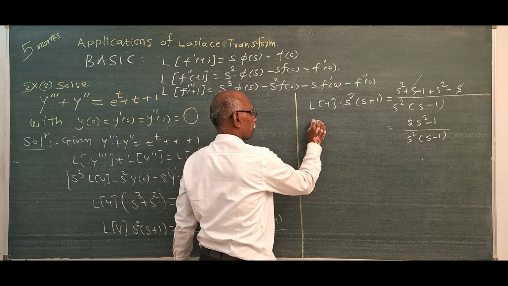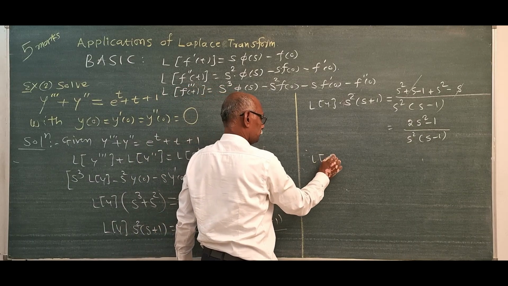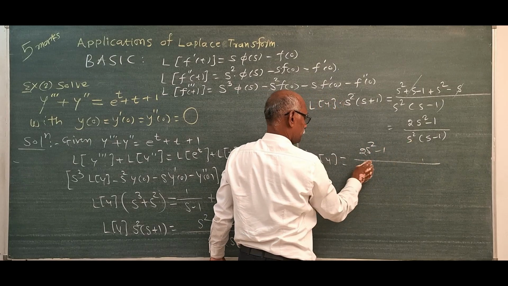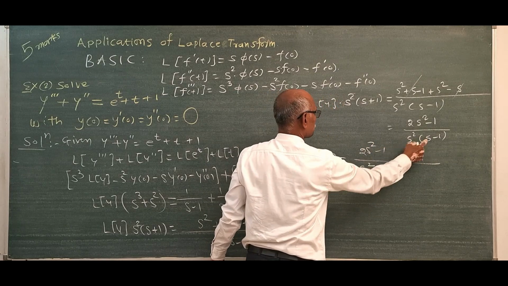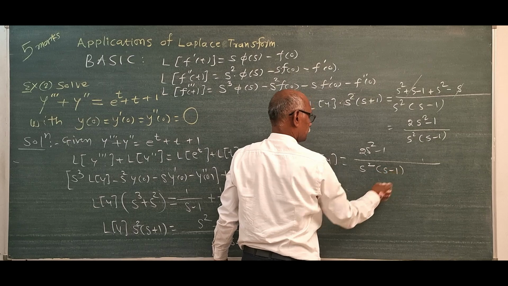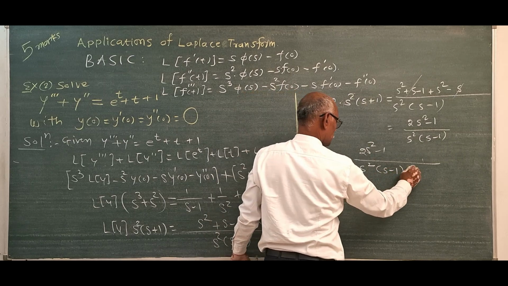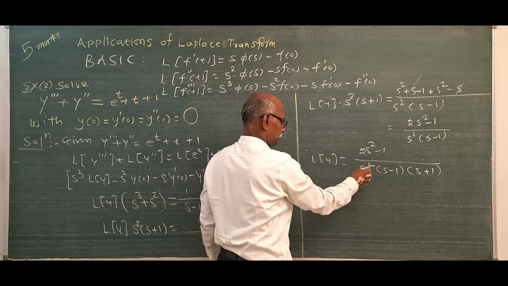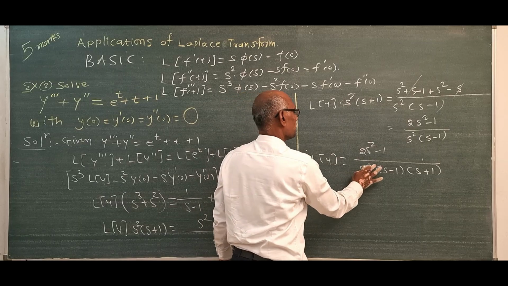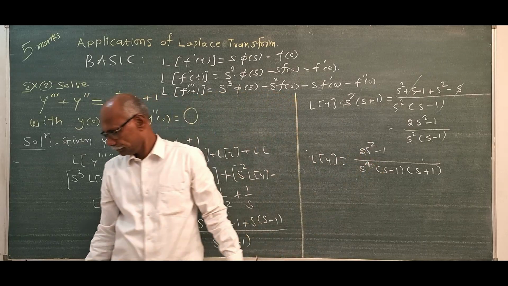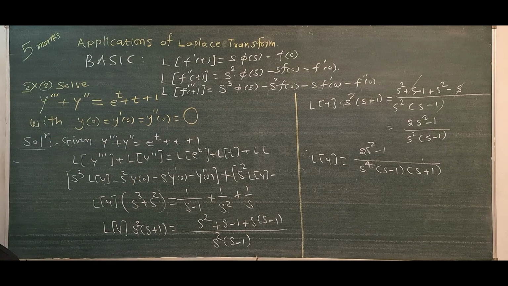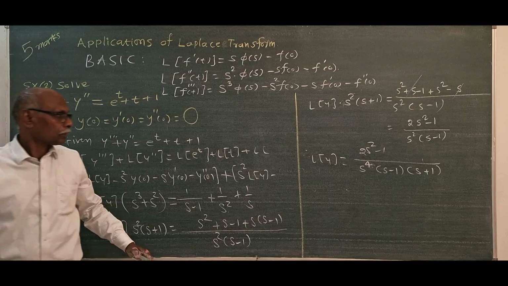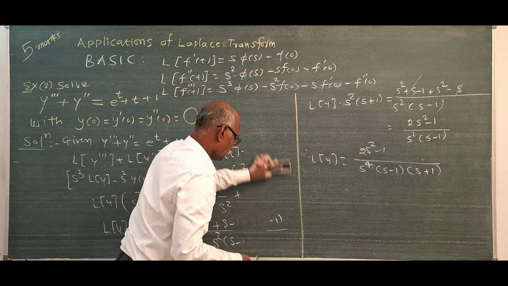Therefore, L of y can be written as 2s square minus 1 divided by s square, then here s minus 1 and here s plus 1. Okay, and s square is there. So s square into s square becomes s raised to 4. Let me check. Yes. So what is y?